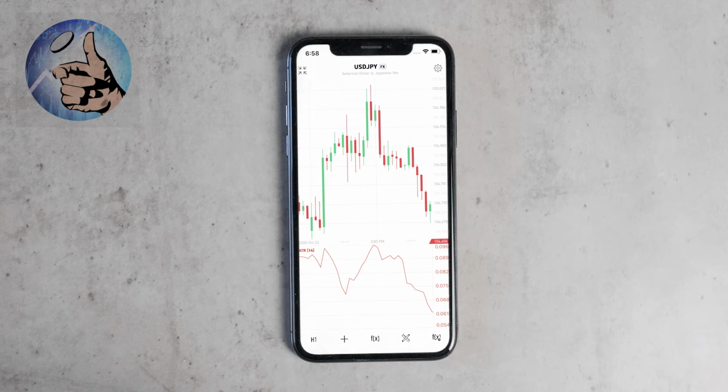But the question is, why is this important? In this strategy we do not focus on anything technical analysis related, so why would we focus on one indicator? This one doesn't tell us where the trade is going to go, if we should buy or sell. This is not the purpose of this indicator. What it tells us is how much we can expect it to go in one direction or the other.